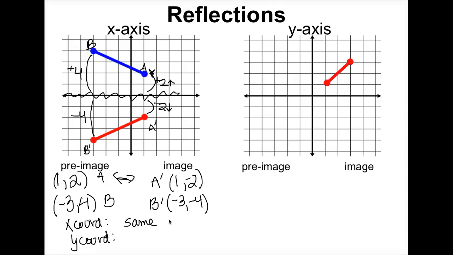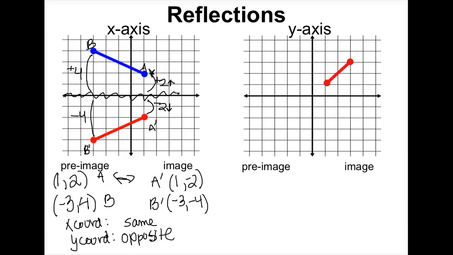So it doesn't always necessarily mean it's going to be negative. What we're going to write is the opposite. Your y coordinate is going to become the opposite of what it was. If it was positive, now it's negative. If it was negative, now it's positive.